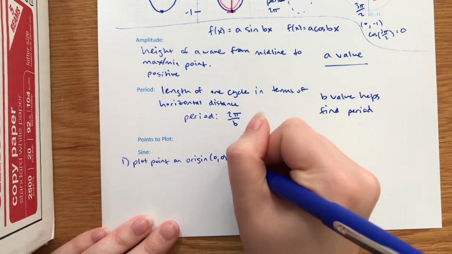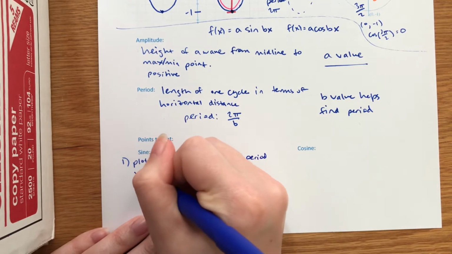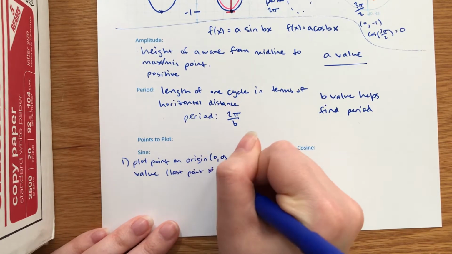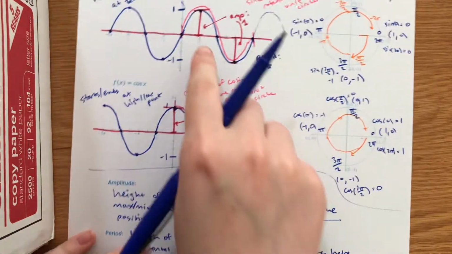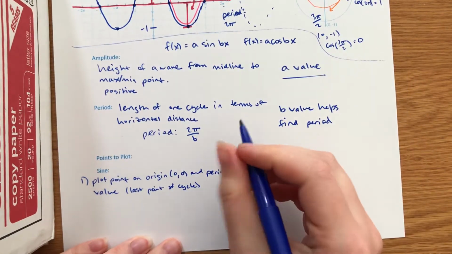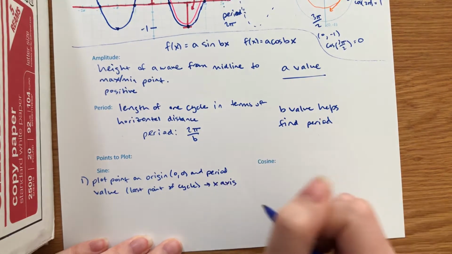Then plot the period value; that'll be your last point of the cycle. Both of these live on the x-axis because they're 0.